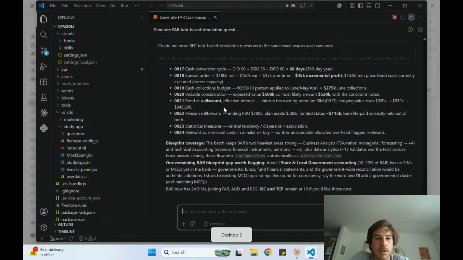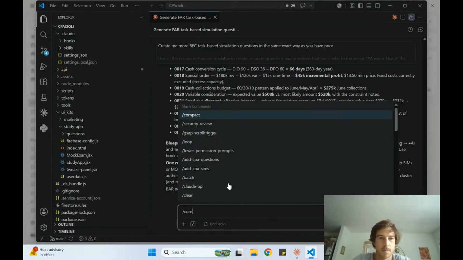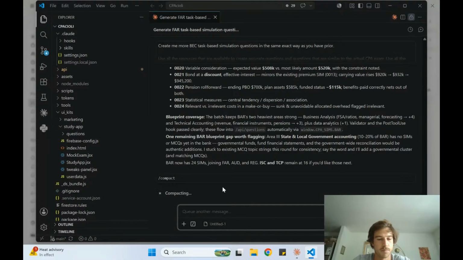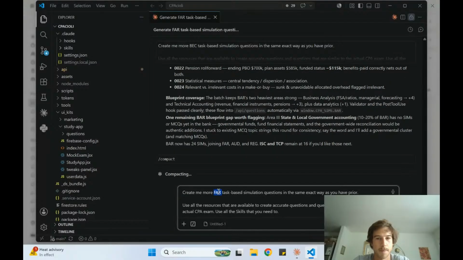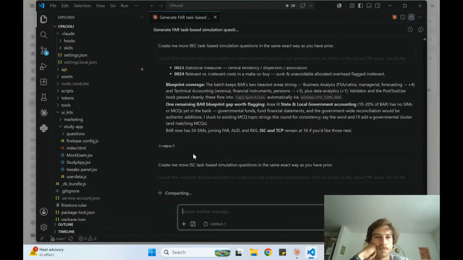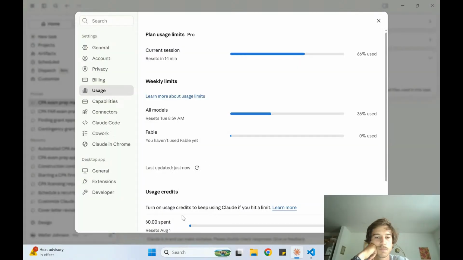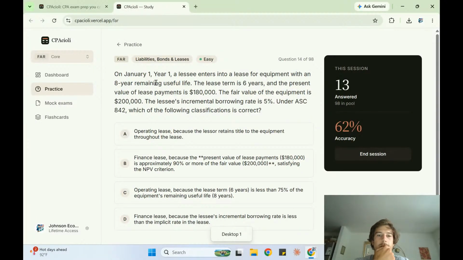All right. Lease for equipment with an 8-year remaining useful life. 6 years, present value.